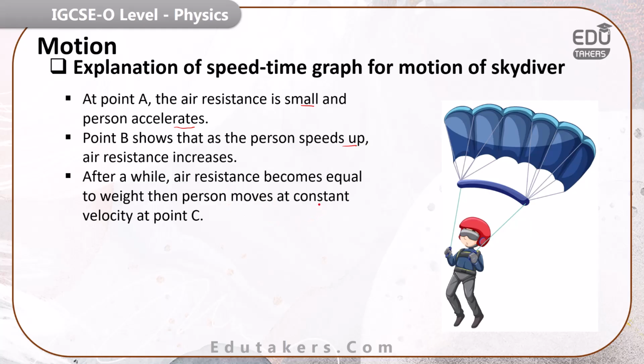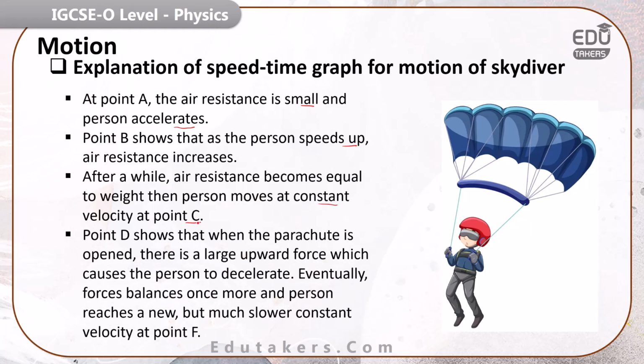Then the person moves at constant velocity at the point C. Point D shows that when the parachute is opened, there is a large upward force which causes the person to decelerate, meaning the person slows down. Eventually the force is balanced once more and the person reaches a new but much slower constant velocity at the point F, and this is basically known as the terminal velocity.